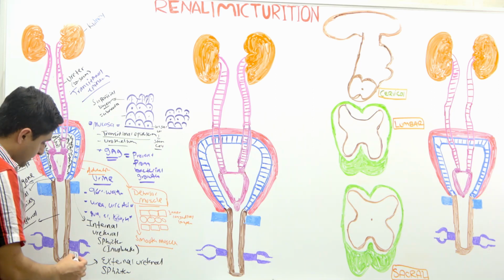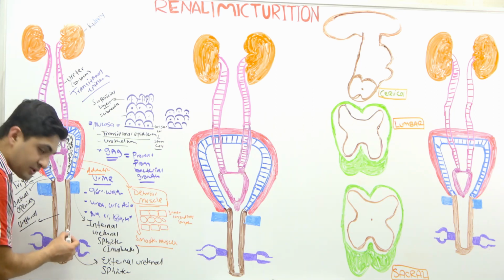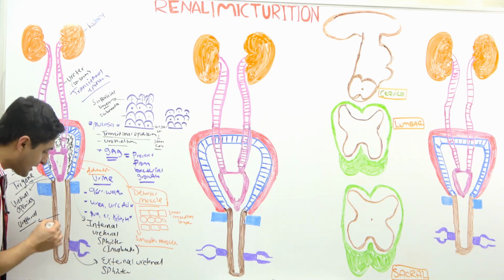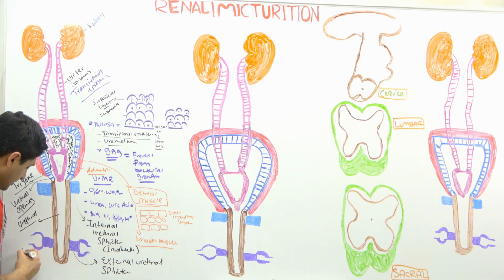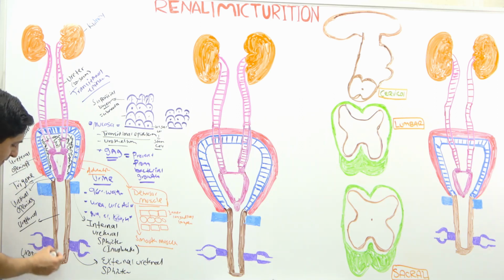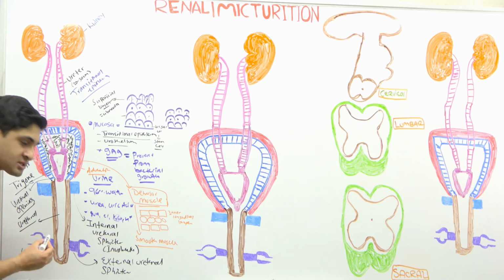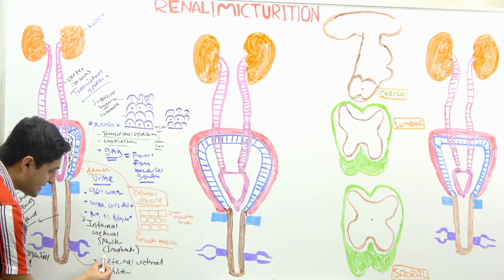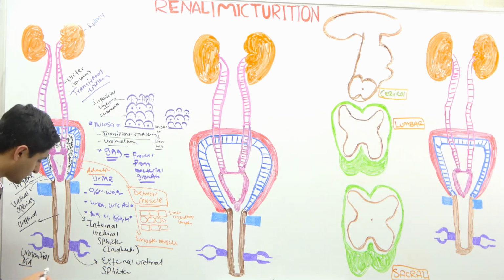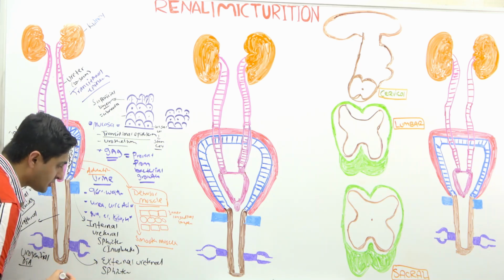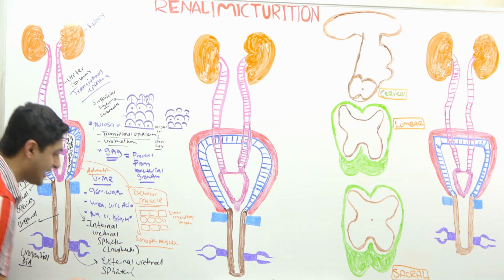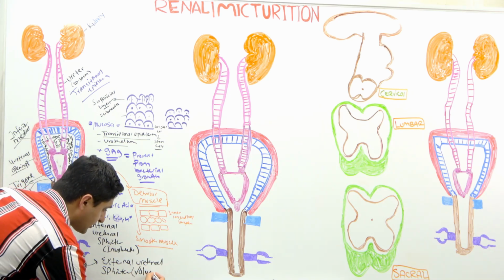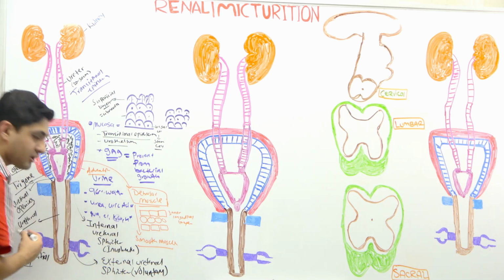The reason is that, remember, as this urethra penetrates through something called the urogenital diaphragm, there are striated portions that form this external urethral sphincter. This external urethral sphincter is striated muscle, and it is under voluntary control. It's really important that you remember that: it is under voluntary control.